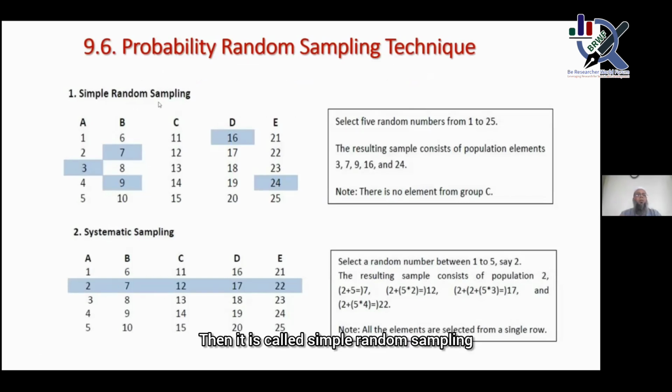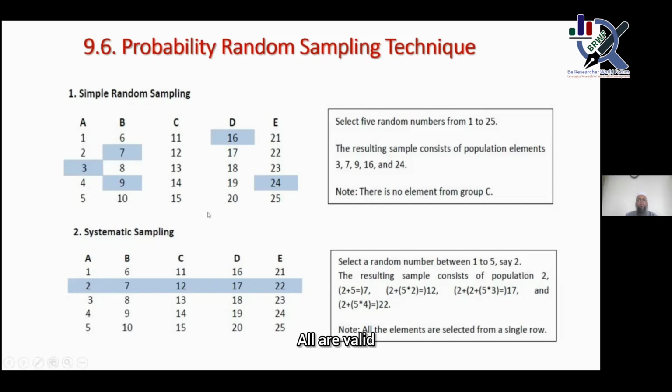Then it is called simple random sampling. In systematic random sampling, suppose 2 is the random number, and the interval is 5. You take 2 plus 5 equals 7, then 7 plus 5 is 12, then 17. This is called systematic random sampling.